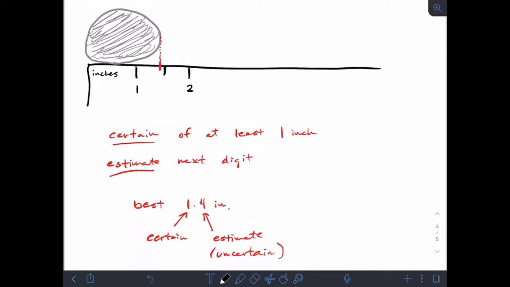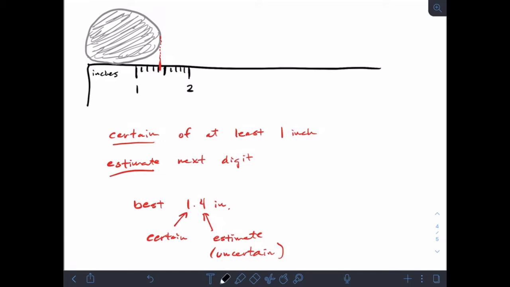But let's say we did have, say, a half mark and the rest of our marks. Now that I have more precision in my measuring tool, I can add another digit on there. Now I'm positive of 1.4, and I can estimate one more digit. So I could say 1.42, for example.